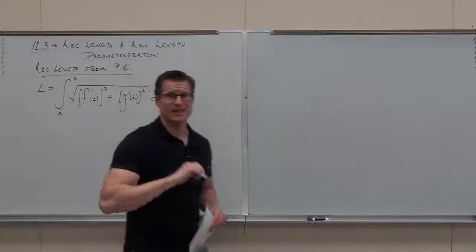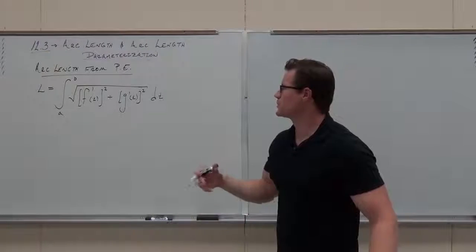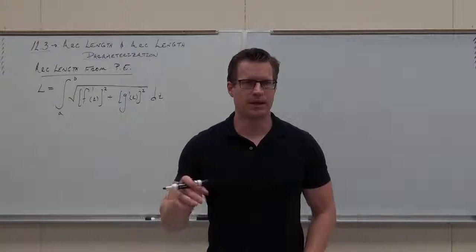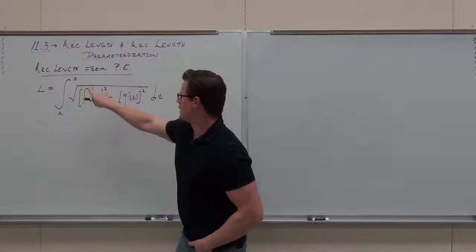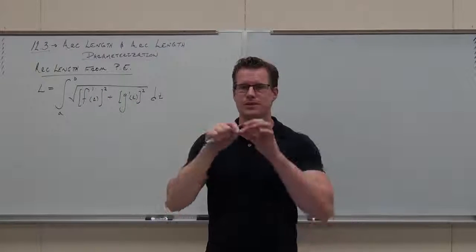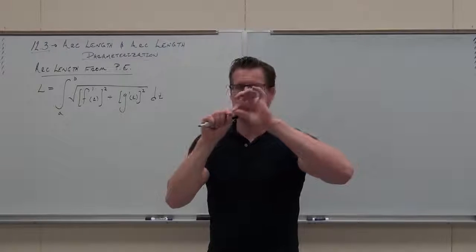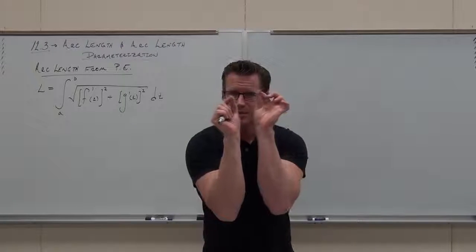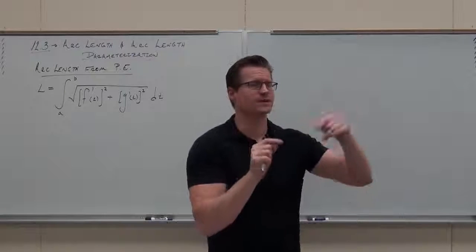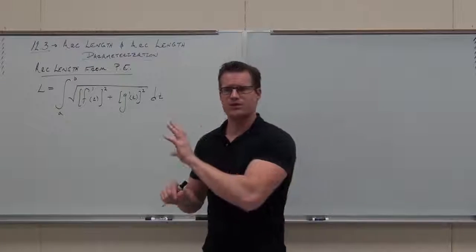First glance, kind of looks like a nasty little formula, but when we really think about it, listen, if you're on a plane, we got a square root of square plus square. That has a lot to do with the distance between 2 points. Well, if you integrate, it makes the distance between those 2 points ultra small, and we add up those distances along the curve. It's giving us the length of the curve. That's if it's on a plane.